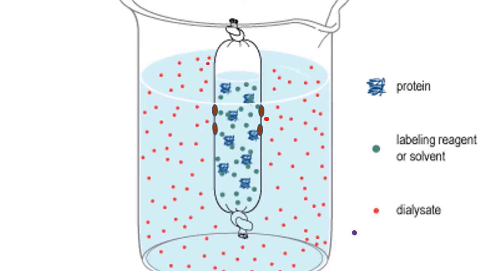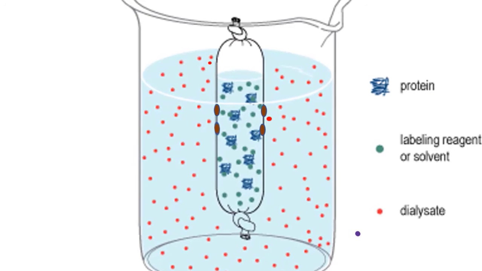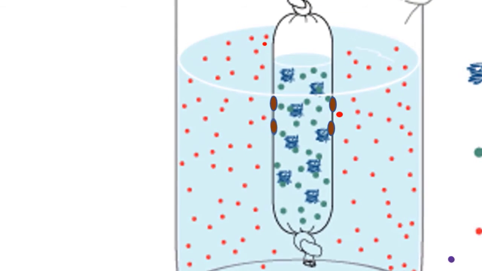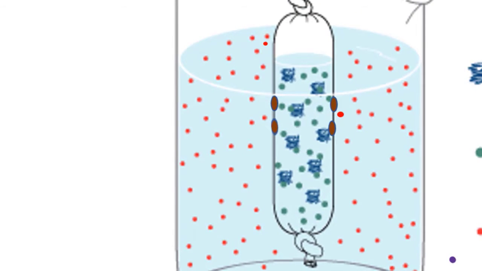So this tube works as a selectively permeable membrane. It would allow some molecules smaller than these pores across the membrane, and any substances or molecules bigger than these pores would stay in the bag.